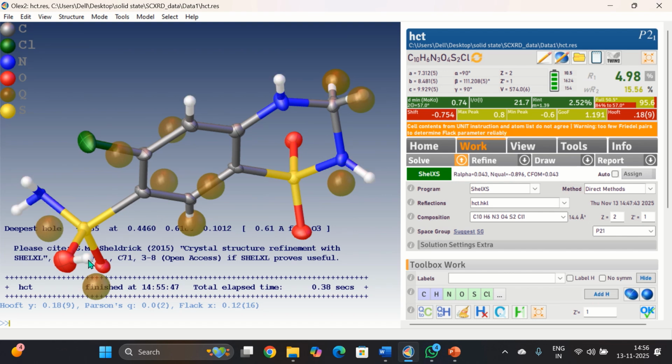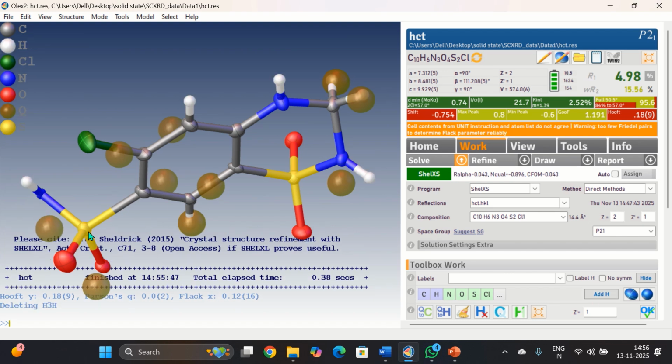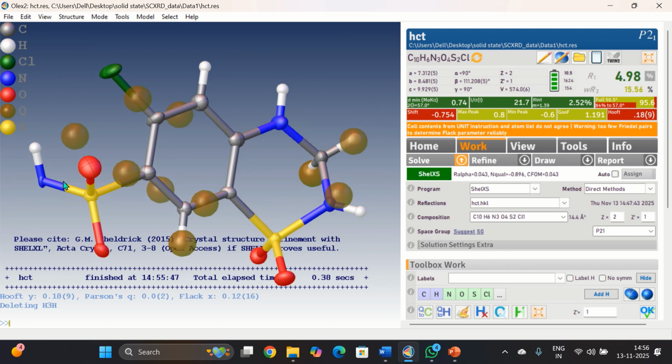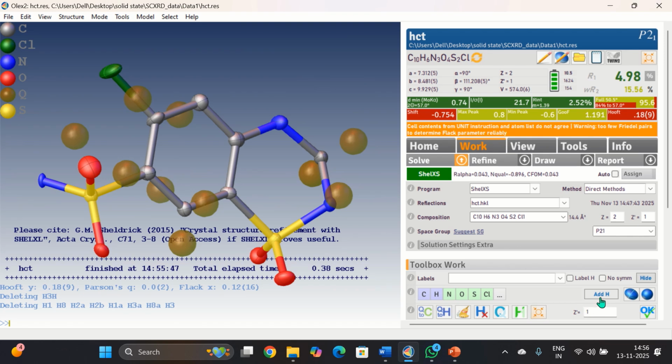Now it has two hydrogens, but it has an extra hydrogen, we'll remove it. We'll remove hydrogen, we'll add hydrogen.